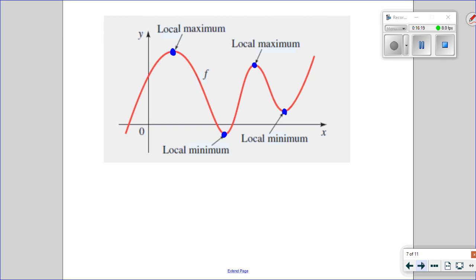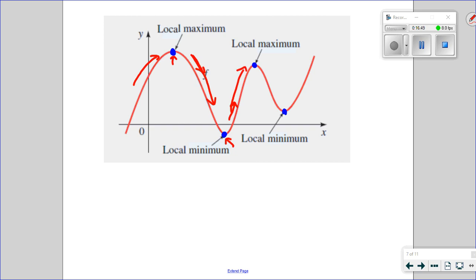All right, here's a visual for you, and I think this might help you understand. So let's say this is the graph of our function, and you can see this graph is increasing and then decreasing. So that would make this point a local maximum. And then we see a change. The graph changes from decreasing to increasing, which would make this point a local minimum. Okay, then we have another change happening.